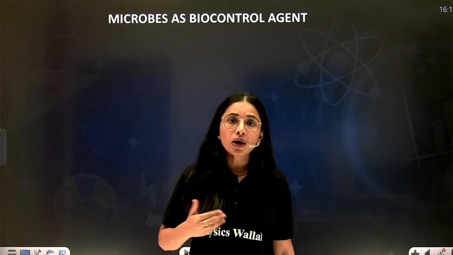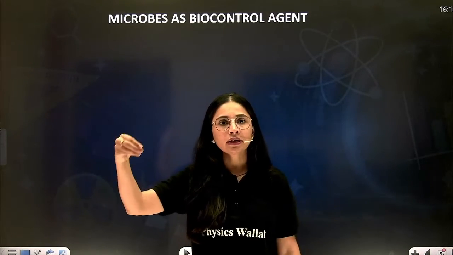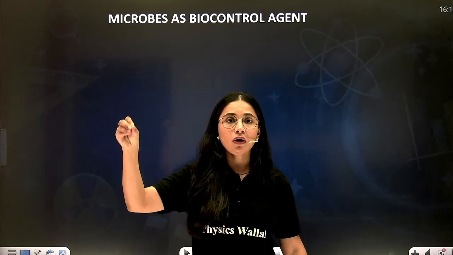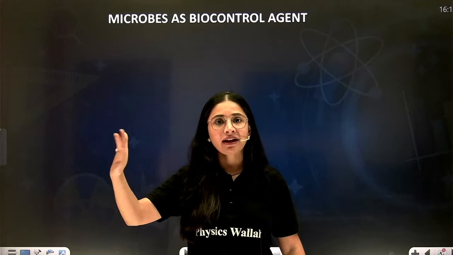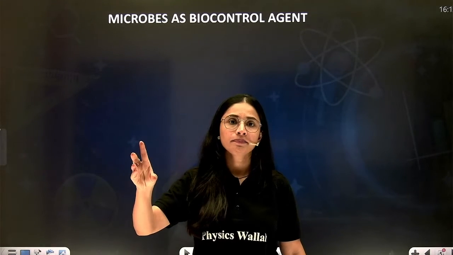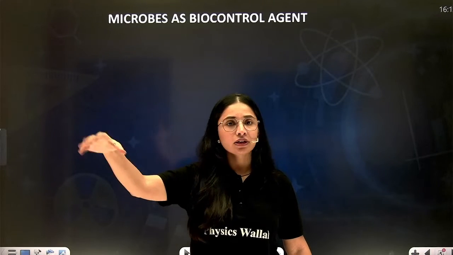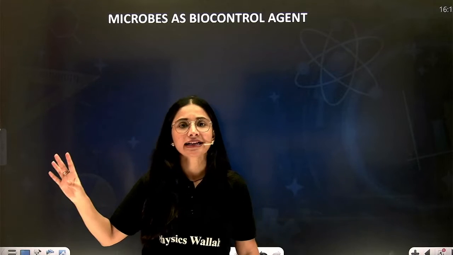Farming is done in open land with lots of water and nutrients, giving all the favorable conditions to different pests like fungi, viruses, bacteria, insects to grow on that land. See, on the field there is water, on the field there are nutrients, on the field there is the right temperature.